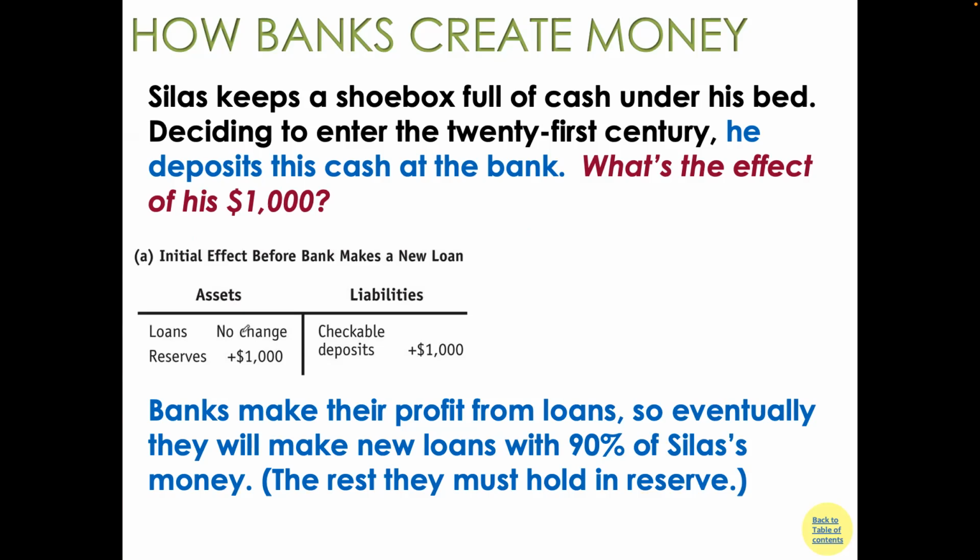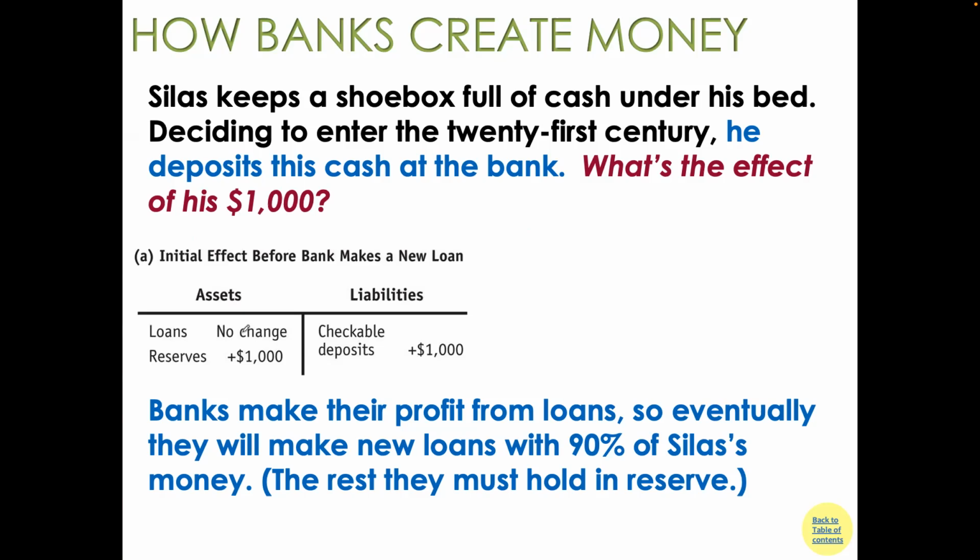You have to keep $100. Now, if the bank decides to make some loans, do you think it's going to make 900 loans, or 800, or 500? 900. Why? They're going to get more interest, right? So the obvious answer is 900 in loans.